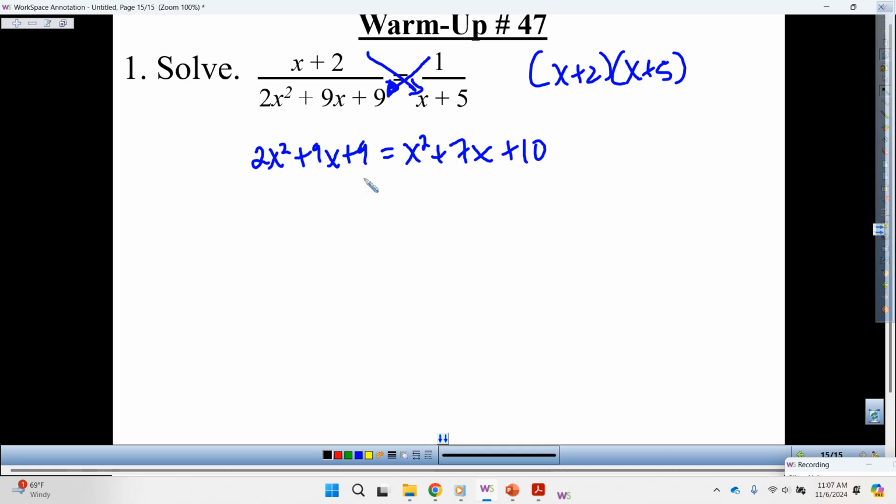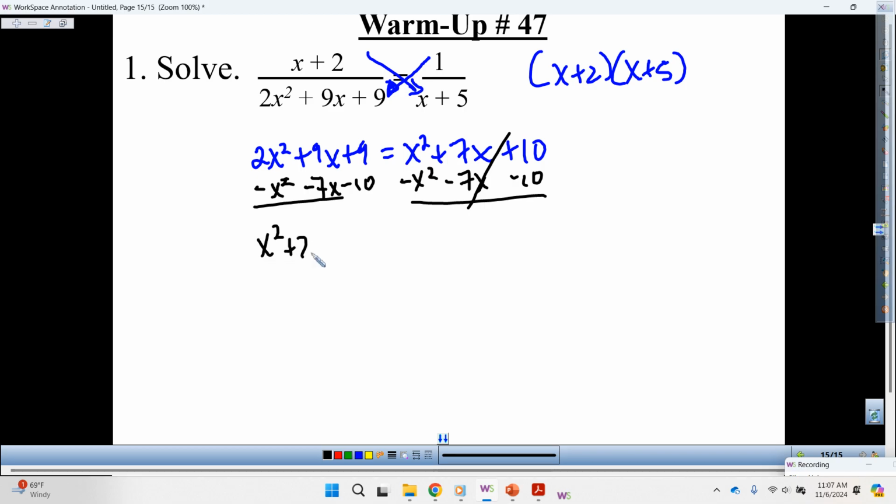That means I'm going to take all of this and send it to the other side. So watch. Minus x squared minus 7x minus 10. That leaves us with x squared plus 2x minus 1 equal to 0.